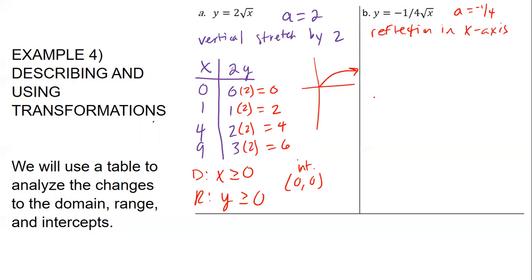Which means it's reflecting over the x-axis. Does that make sense? Okay, what is the other transformation? It's a vertical compression. Good job. So it's a vertical compression by 1/4.